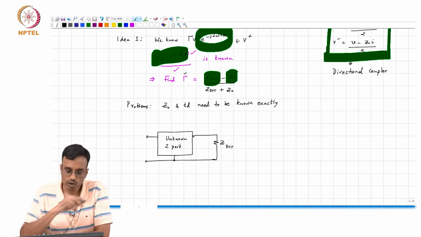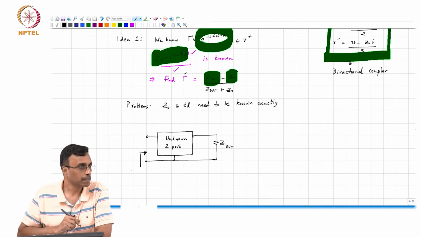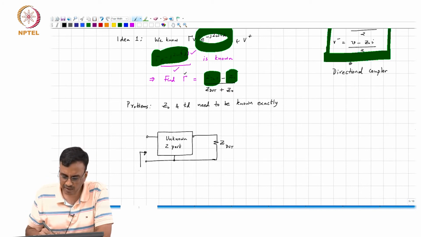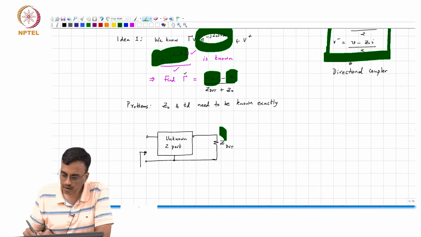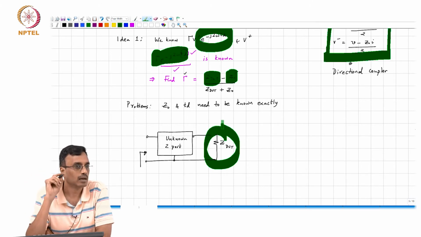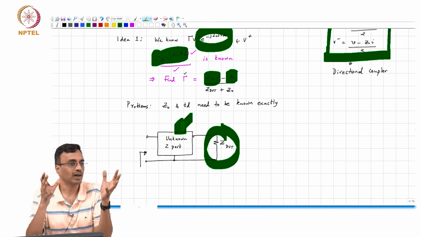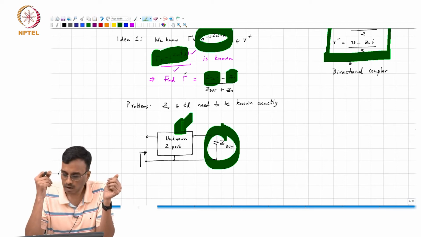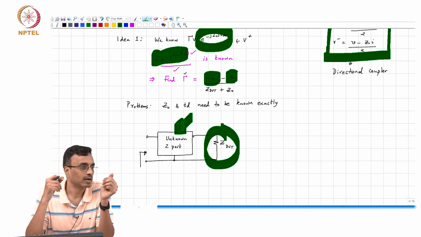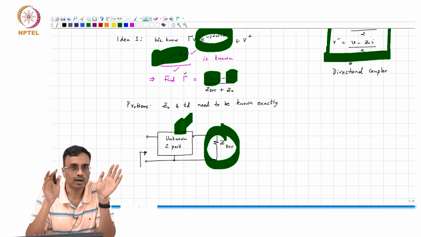We will be able to measure the reflection coefficient here, which is equivalent to saying we know the impedance looking in here, but we are trying to find the impedance there, and we do not know the box that is stuck between the unknown 2 port and what you are actually measuring.